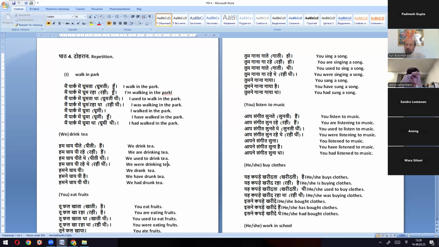And now we come to definite tenses. Like if one time I walked in the park, I say मैं park में घूमा. It's a non-transitive verb. That's why the form of the verb depends on the speaker. मैं park में घूमा. Or you say मैं park में घूमी.